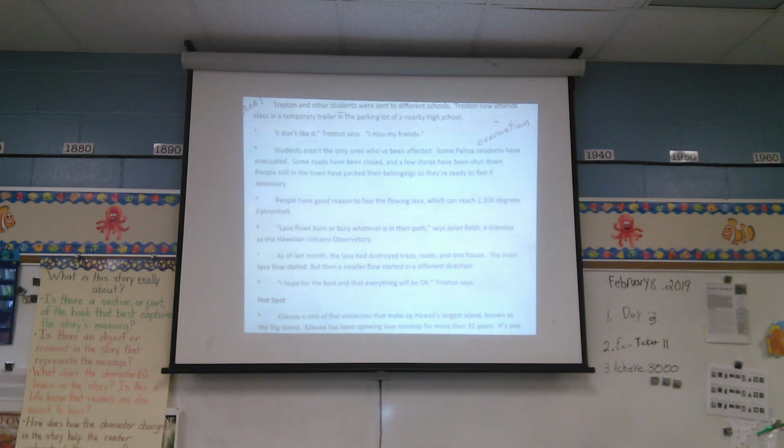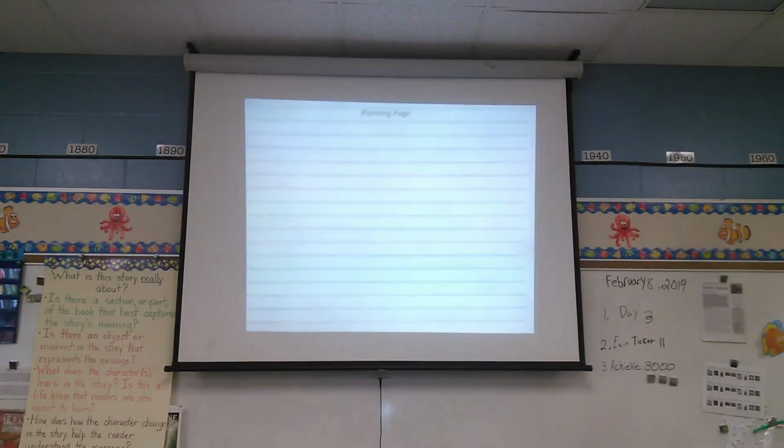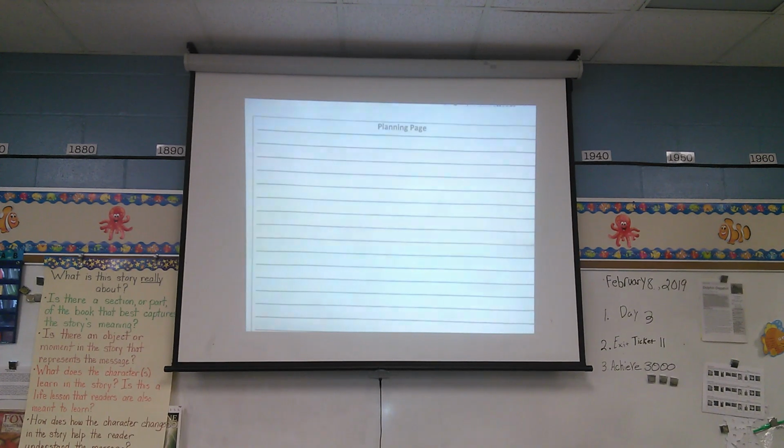Now, what you're going to do during the work time is you're going to go back to your seat and read this text set by yourself, and continue this work of writing one-word subtopics in the white space. If you finish, I have a pile of planning sheets on the center table here.